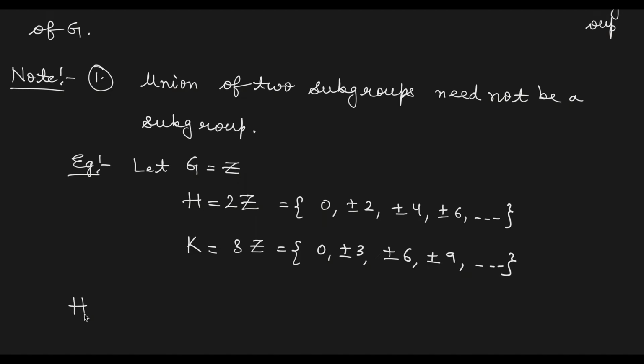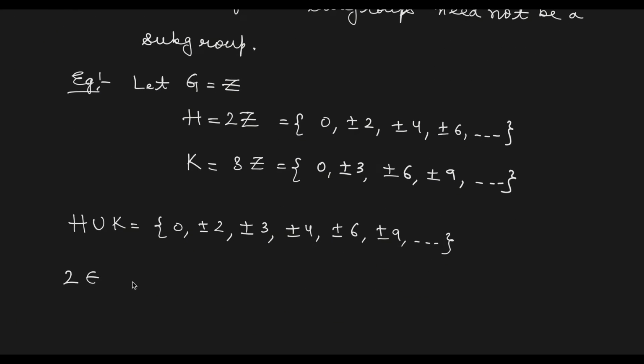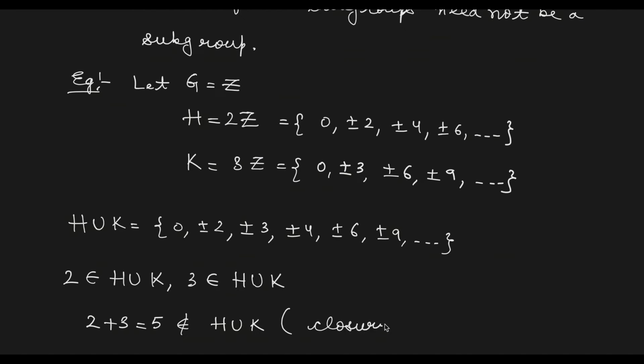So H union K will be... now 2 belongs to H union K, 3 belongs to H union K, but 2 plus 3, 5, does not belong to H union K, meaning the closure property fails.